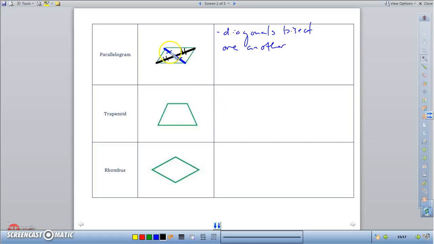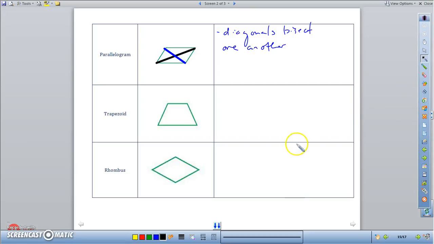Okay, so this blue segment and this black segment are not necessarily congruent. All I know from the given information of being a parallelogram is that these two are congruent and these two are congruent.